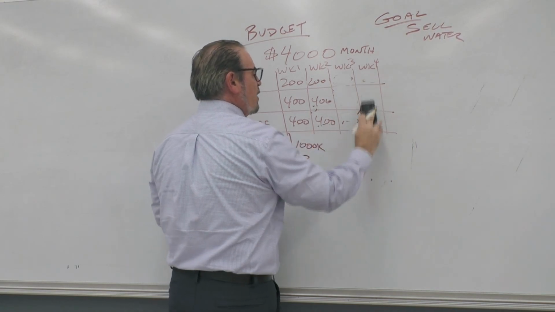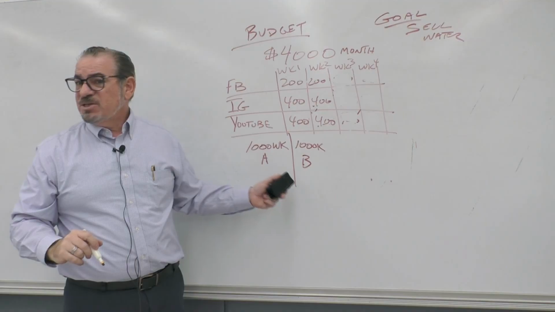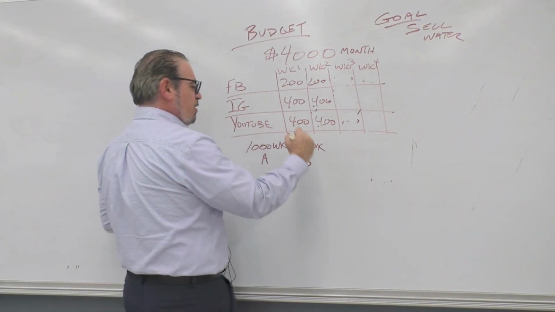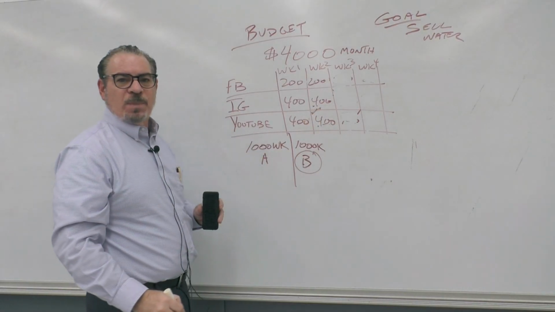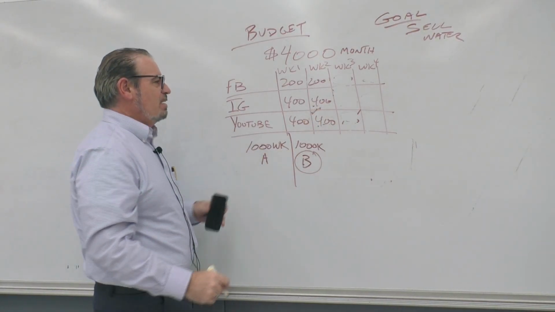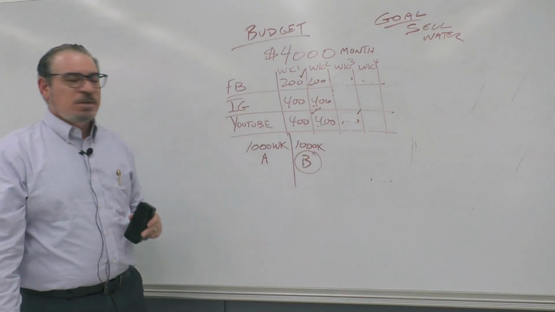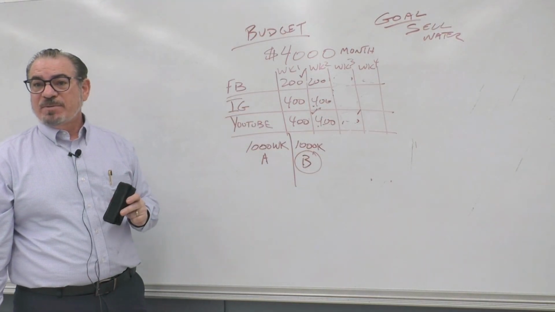So now I have 2 ads that ran to the same target, same amount to spend. Now I see that for ad B, YouTube won. For ad A, I saw that Facebook won. I've got $2,000 left to spend, okay?